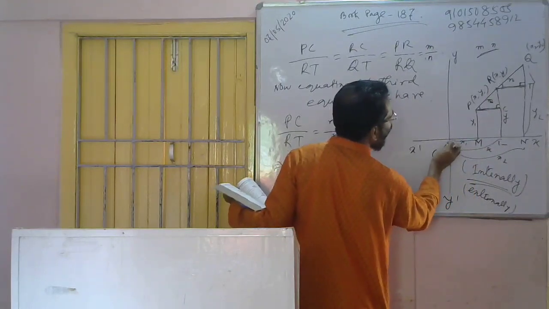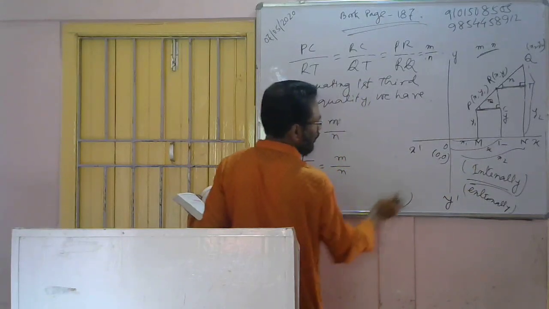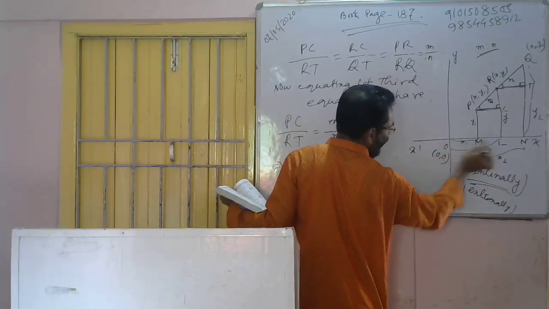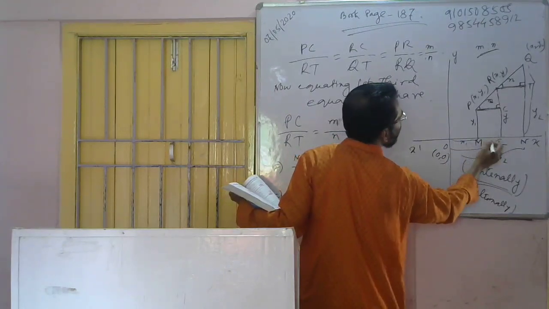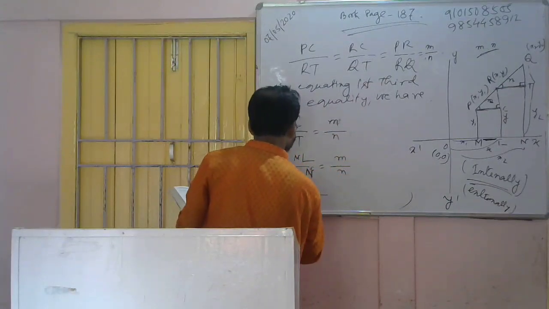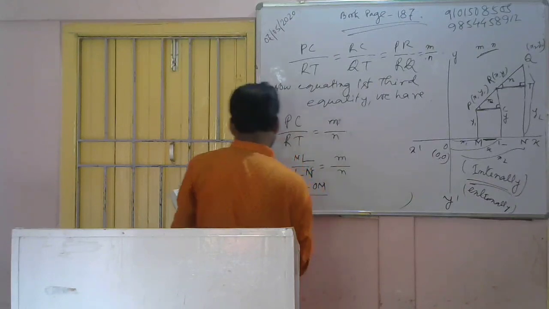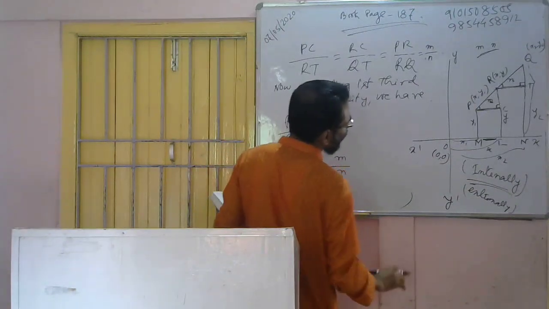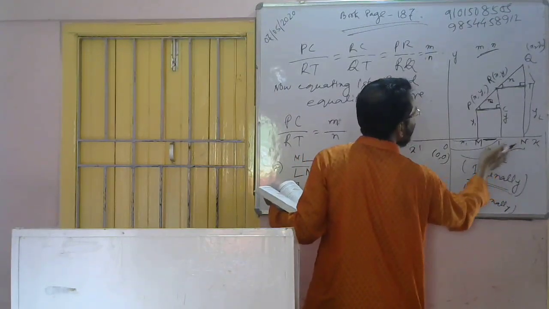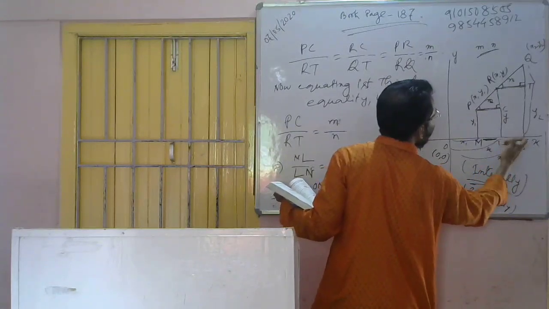ML is from O to L, this distance, minus OM, if we subtract OM, then we are getting this portion. So OL minus OM, and where is this LN? LN, if we subtract this distance OL from ON, then we are getting that one.